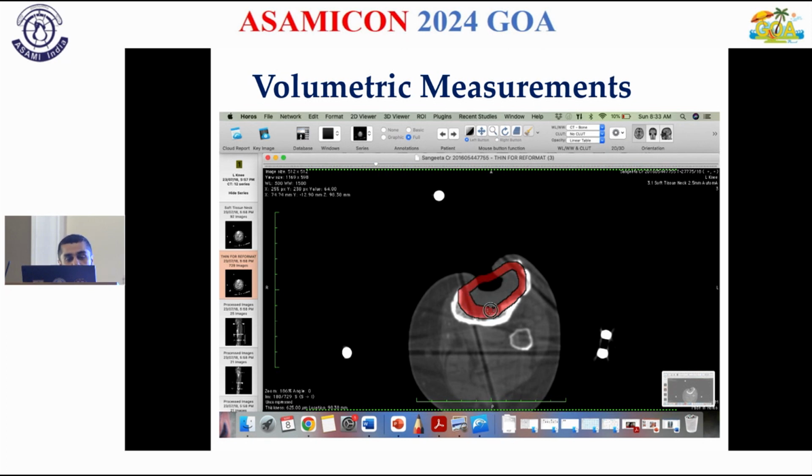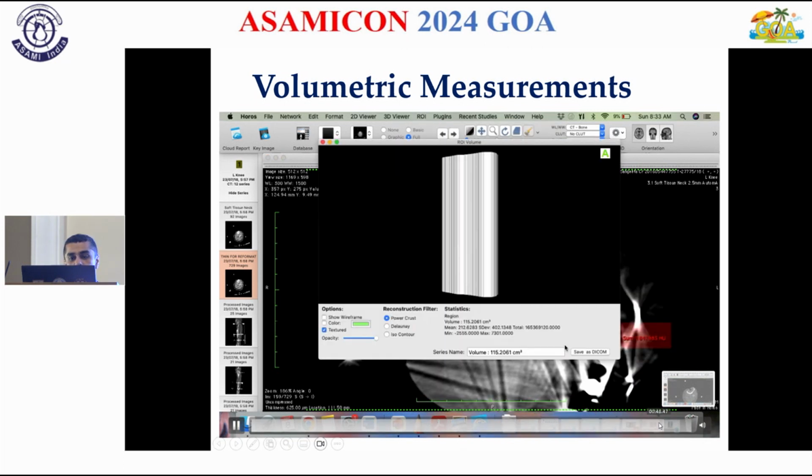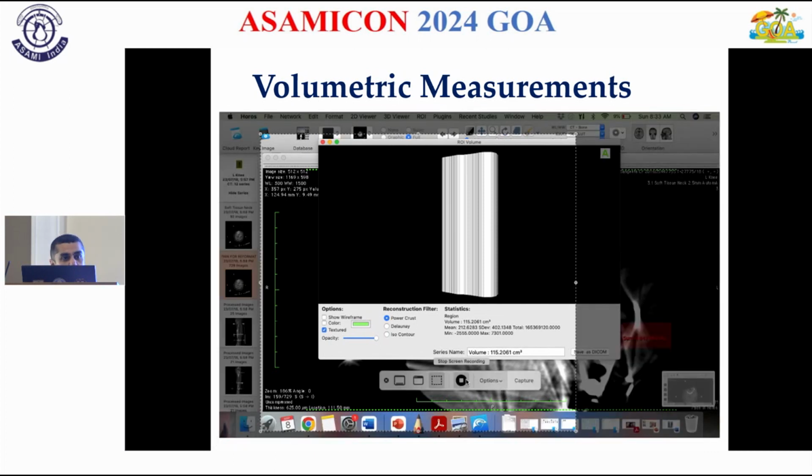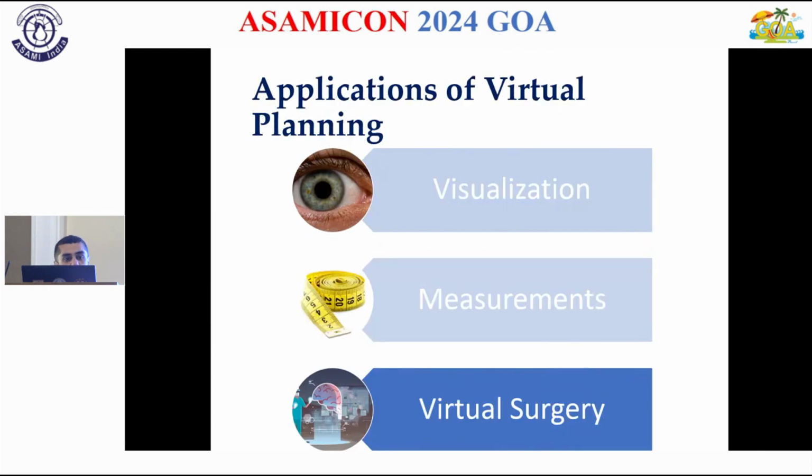You mark it out on as many slices as you can, and once you do that, it actually calculates the volume. It also gives you a 3D model to show you what that would look like. So if you wanted a block graft, you can shape it. If you want the total volume of the graft, you can plan how much graft you want to take. And volumetric measurements are now being used to assess even things like syndesmotic instability.